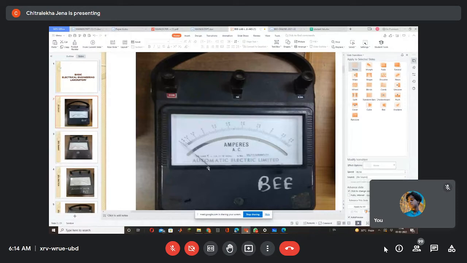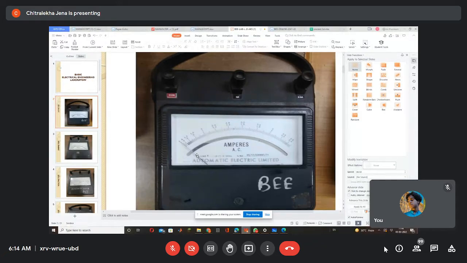The pointer will sometimes not be at 0 without connection, it's default plus or minus sometimes. So if there is some problem, there is a screw right there in the middle, where B is written. Yes, ma'am. That is to adjust that point. It is already adjusted. It will show you 0 if there is no problem.